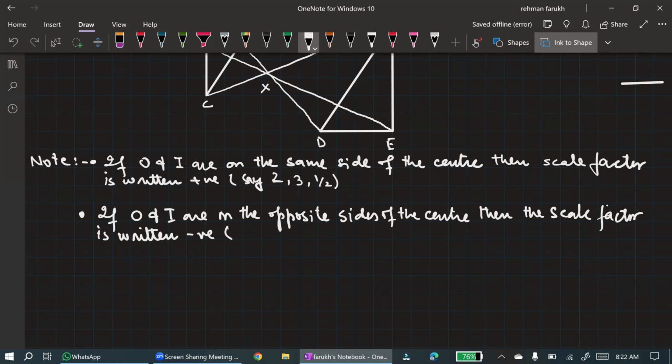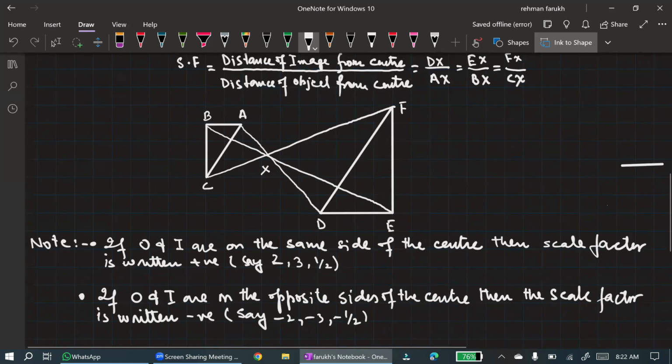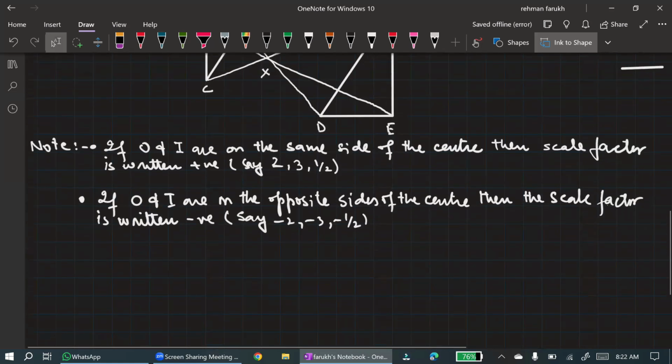And you can see that in the two diagrams, there is a rotation of how many degrees? 180 degrees. Yes. If there is an enlargement and the rotation is of 180 degrees, then the scale factor is negative.